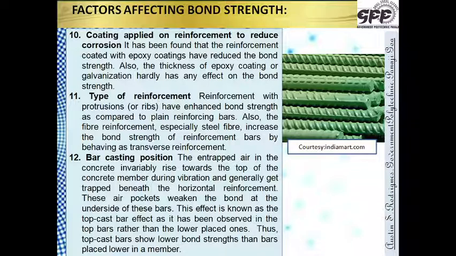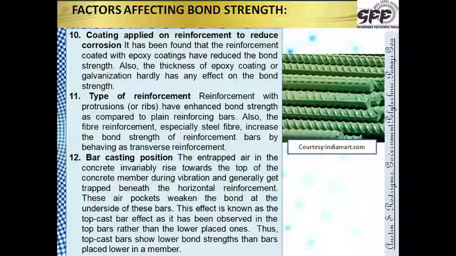Now another very important point which has been mentioned is bar casting position. Now this is especially important for structural engineers and site engineers. The entrapped air in the concrete invariably rises towards the top. The entrapped air goes on moving towards the top during the vibration, and this normally gets trapped beneath the horizontal reinforcement.